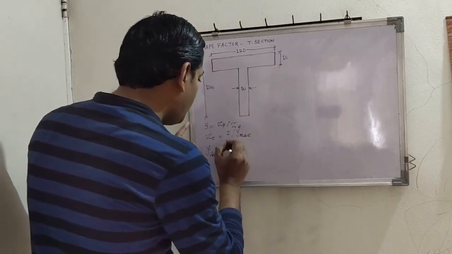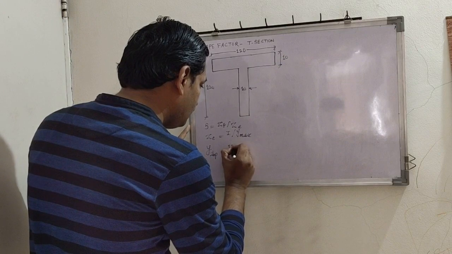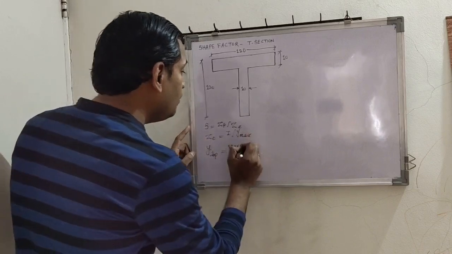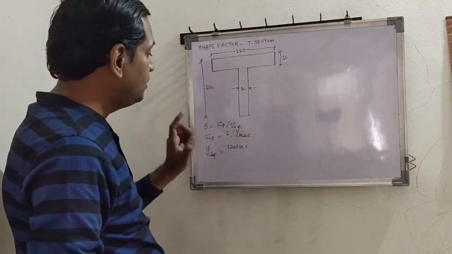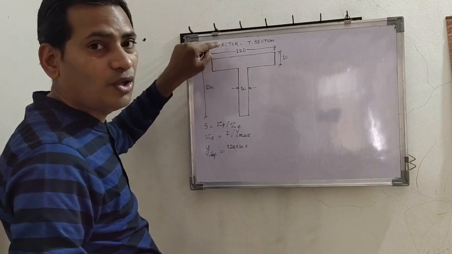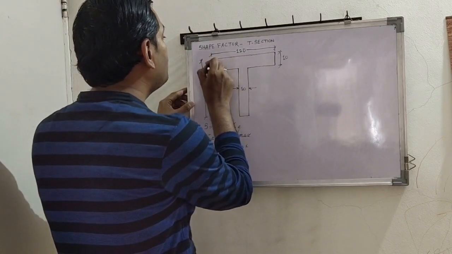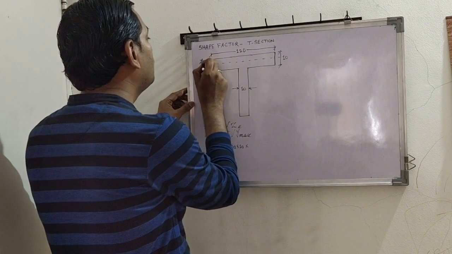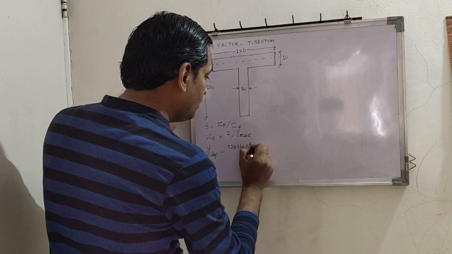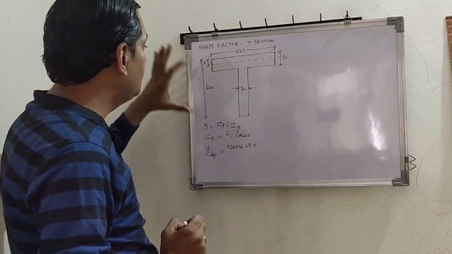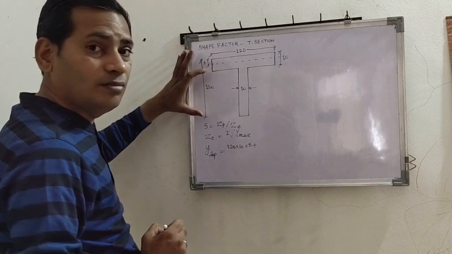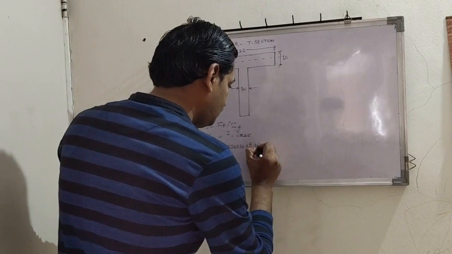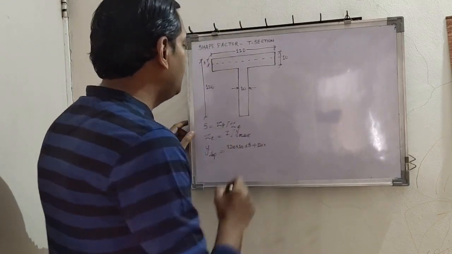So 120 into 10, this is A1, into what is y1? Y1 is centroidal distance of area 1 from top. So how much is centroidal distance from top? 5. So this is A1 y1. Now second area is 110. Carefully see, 120 minus 10 is 110, into 10.